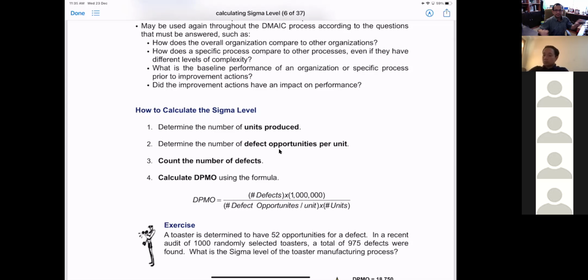Let's say this is the component. So you must know how many possible defects that we might have for this component.